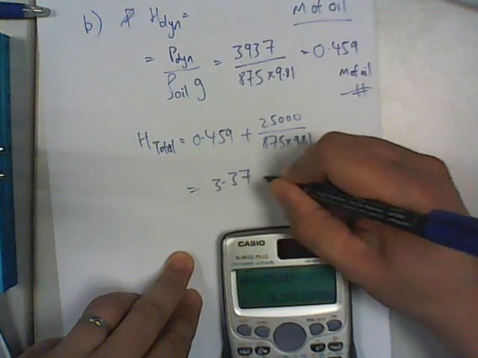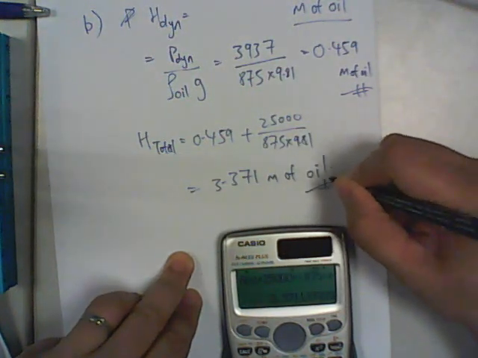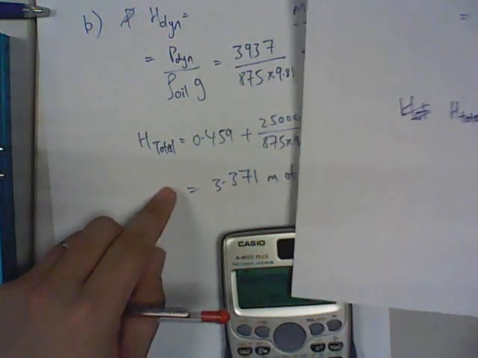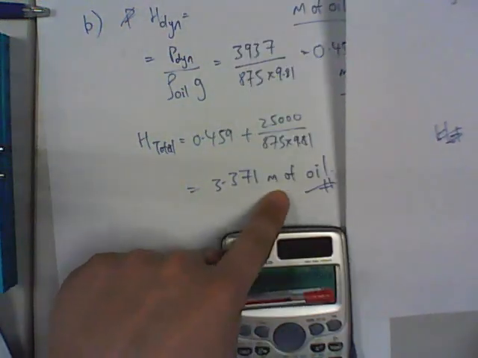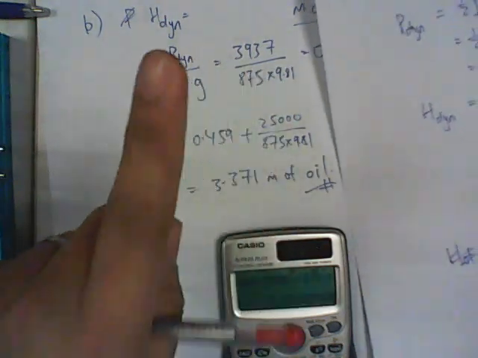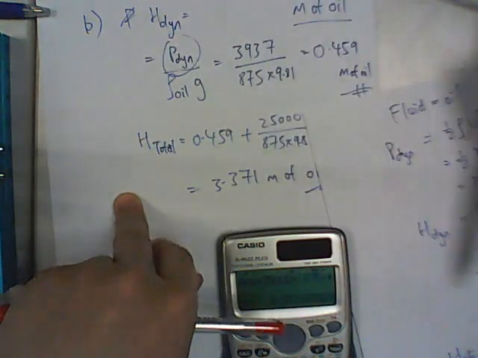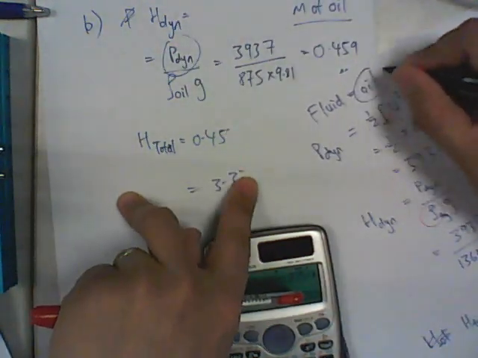The answer will be 3.371 meters of oil. So head, as you see, can be expressed in different lengths of different fluids. But the main fluid still comes from oil.